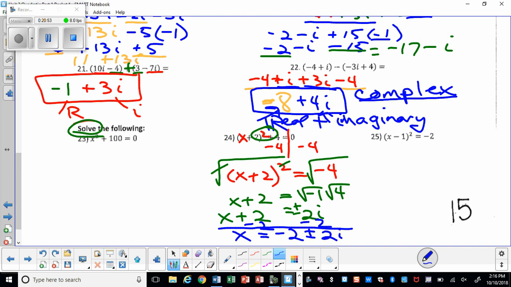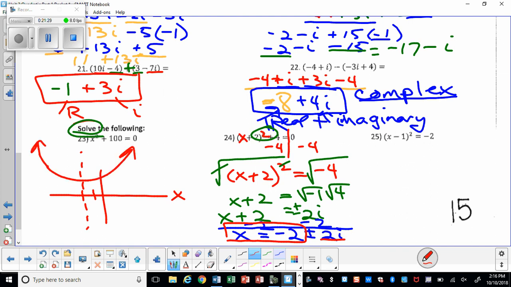Okay? And so if we look at the graph of the equation, you'll see why that is. What this is saying is you've got your x-axis right here, and it has imaginary solutions, so it doesn't cross the x-axis. But the x equals -2 here, that is your axis of symmetry. So your parabola is going up like this, right?